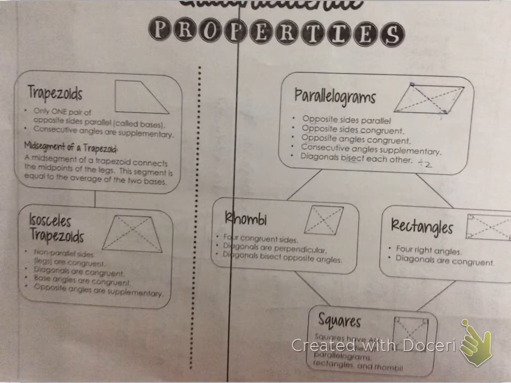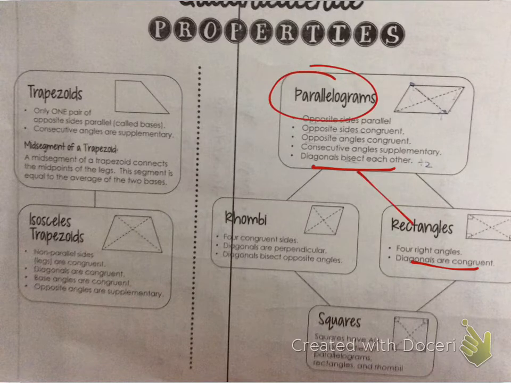Obviously, if you go back and look at your properties, diagonals are congruent, yes, but at the same time, they also bisect each other. Remember, whatever properties a parallelogram has, a rectangle has all those properties too. So if I'm saying a rectangle, I can also still say the diagonals bisect.